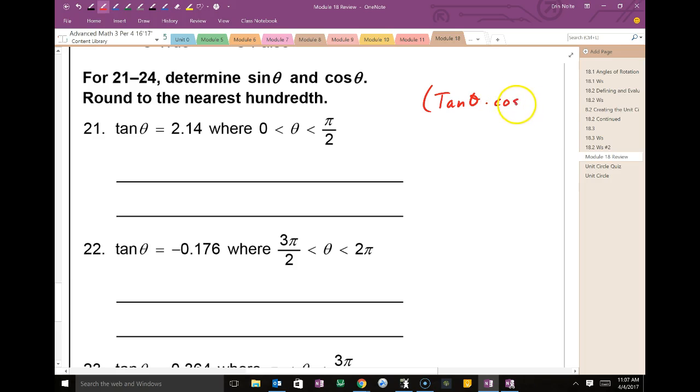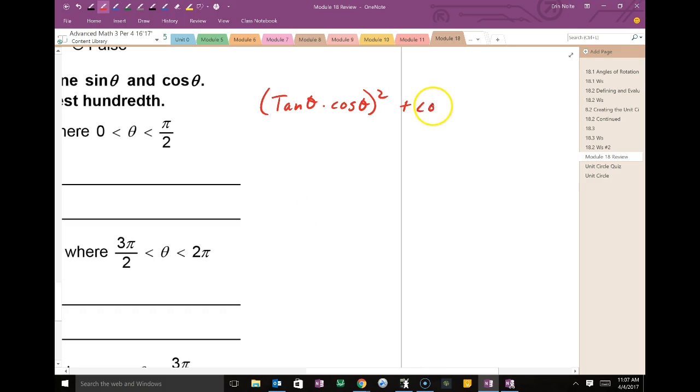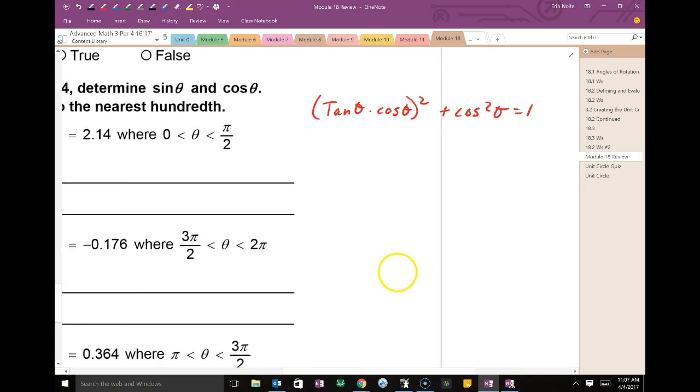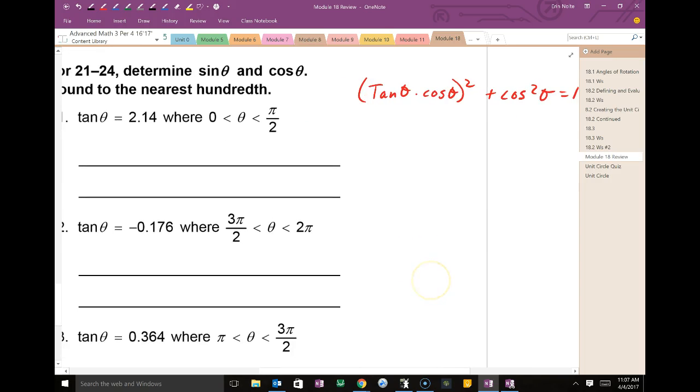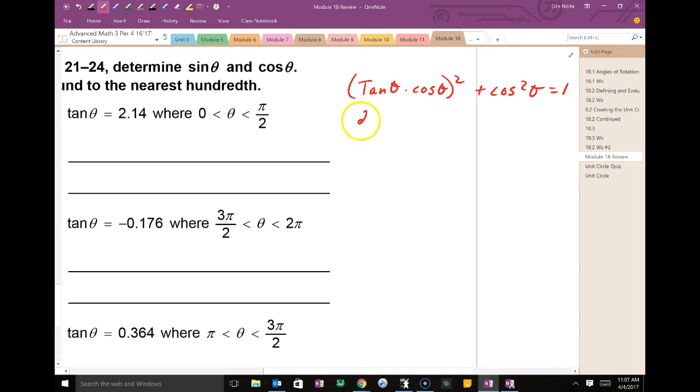Tangent squared of theta times the cosine squared of theta plus the cosine squared of theta is equal to 1. This is the equation you work with when you're given a tangent. So what's my first step? Plugging in the tangent value. We got 2.14 for the tangent, so I'm just going to start by plugging that in.